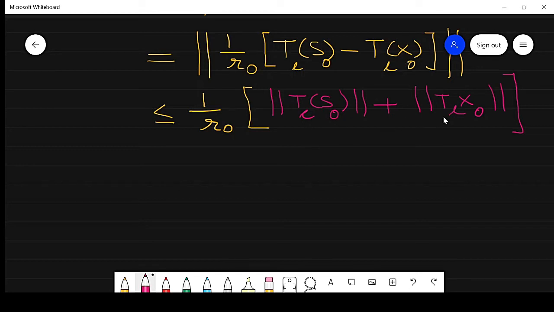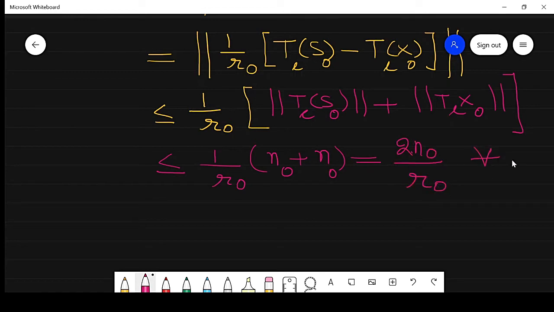Again, x0 is also a member of Fn0. So this term is less than or equal to 1 by r0 times N0 plus N0, because both elements S0 and x0 are part of Fn0 and satisfy the condition of Fn0. Ti satisfies this condition for every n. So this is 2N0 by r0.